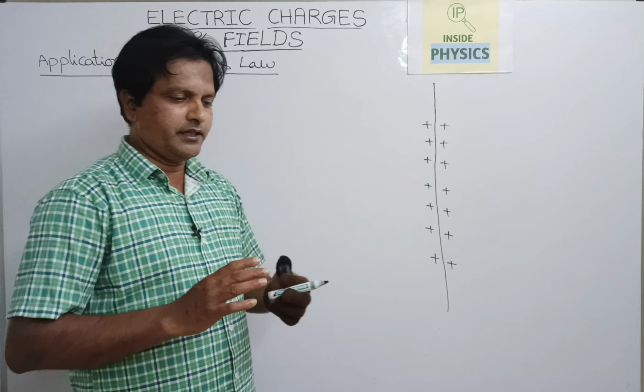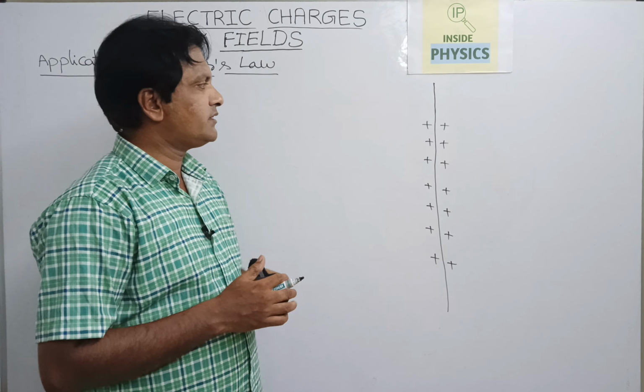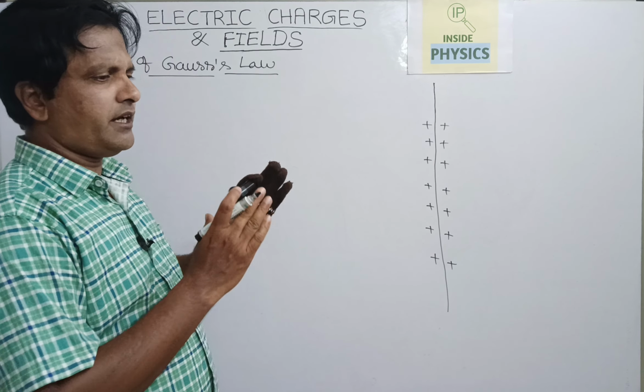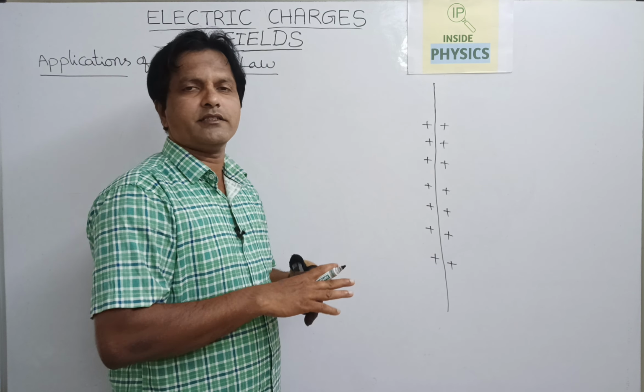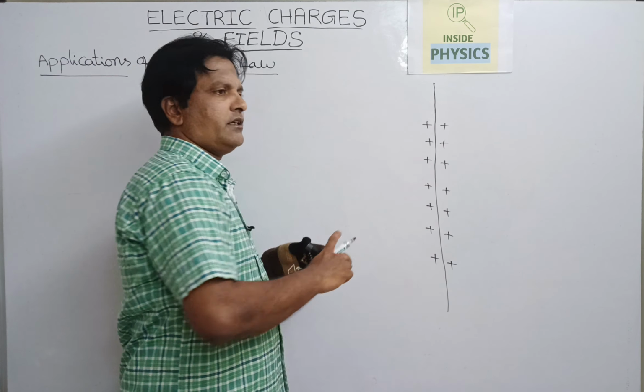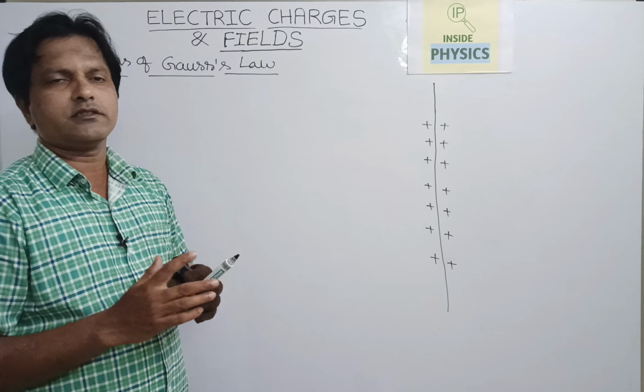Whatever surface we take must represent the electric field exactly, and the electric field must pass through the surface.